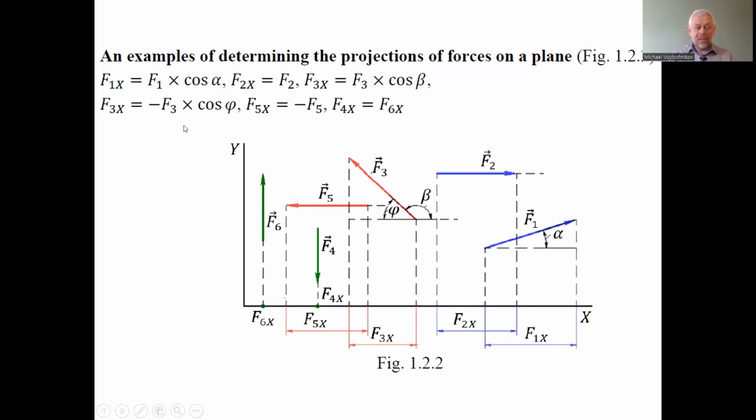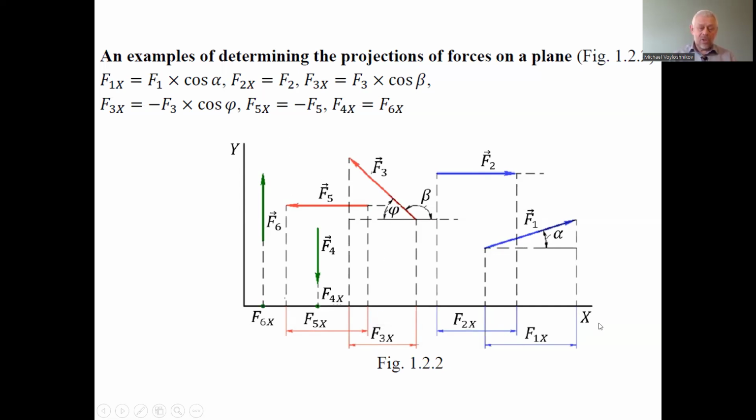Or we can determine this as the product of minus F3 by cosine phi, where phi is an angle taken clockwise between the direction of the force and the direction of the x-axis. So we use minus because the cosine of a negative angle is negative. So we have to consider the direction of the angle.